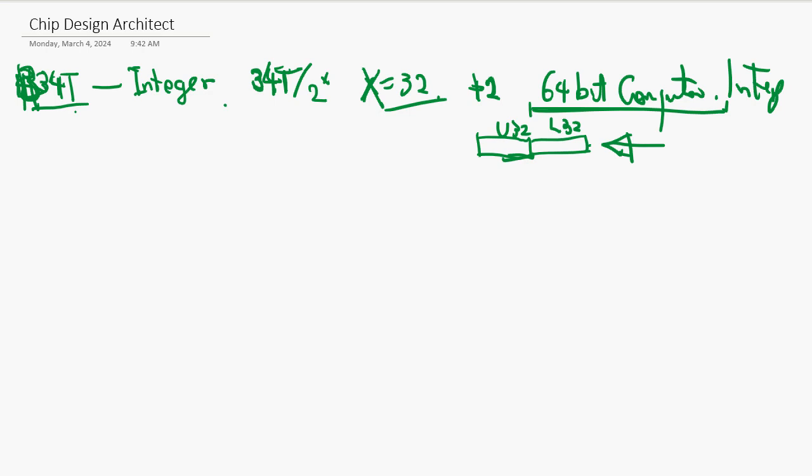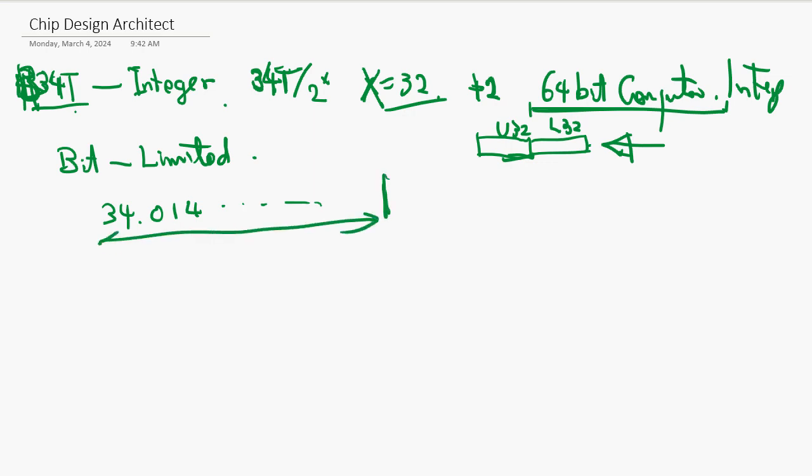Not accurate means the number of bits inside the computer is limited, and if you want to deal with much bigger numbers, it's impossible to be accurate for every number. So for example, you have 34.014 whatever. There is a limit to the number of digits you can express in the computer.